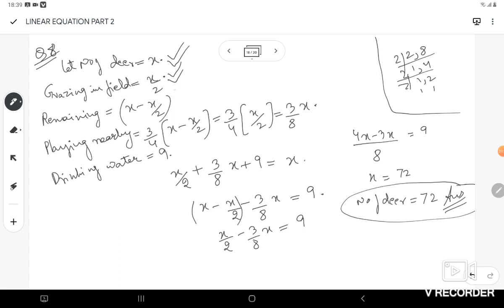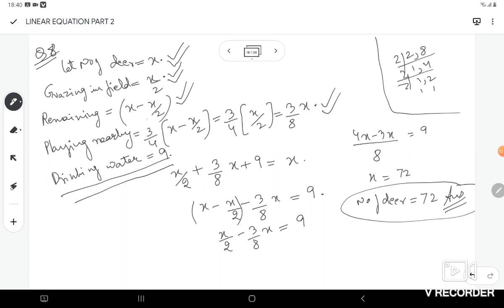So remaining would be equal to x minus x by 2 and 3/4 of the remaining, that is 3/4 of x minus x by 2, which comes out to be equal to 3/8 of x are playing, and 9 of them are drinking water, and drinking water are equal to 9.